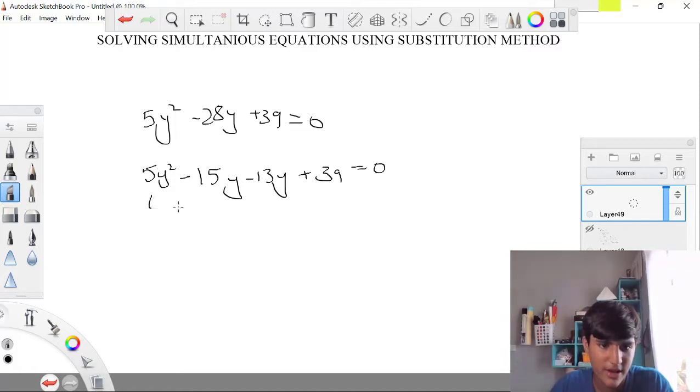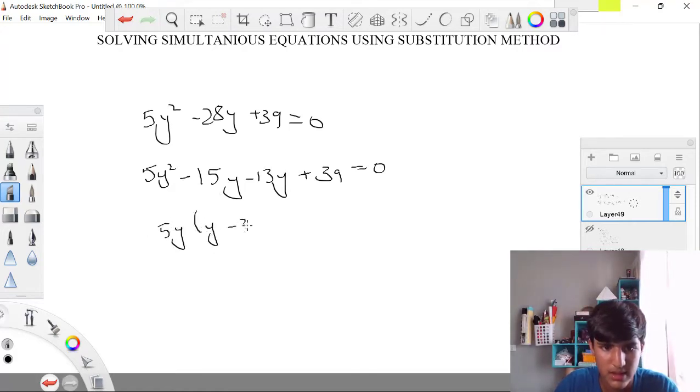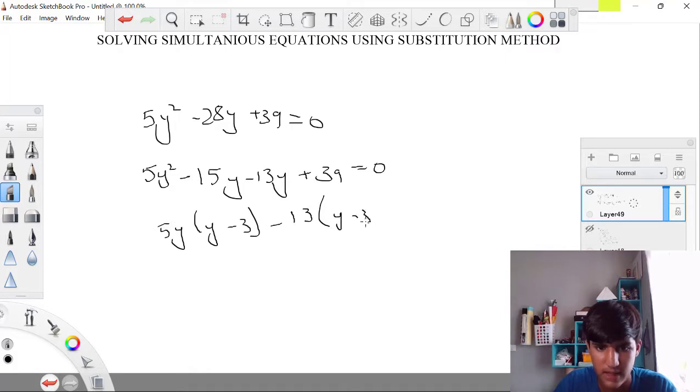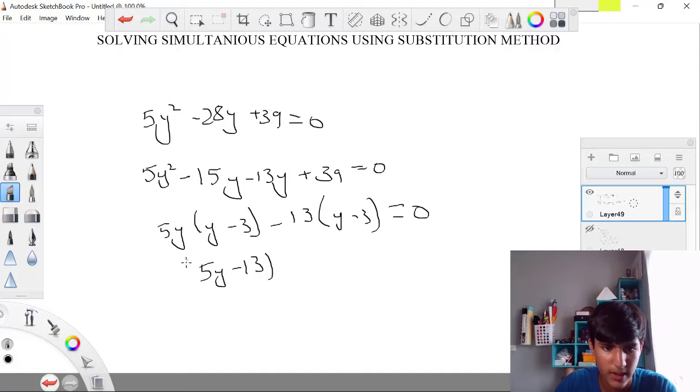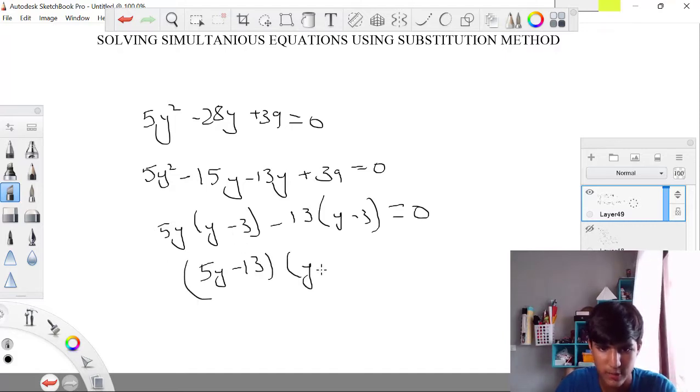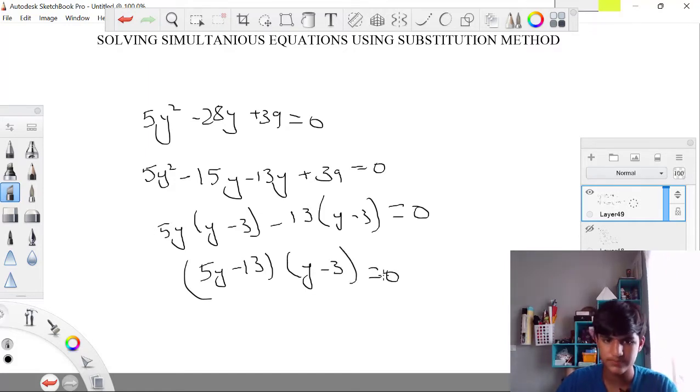We're going to take 5y common from this. So 5y, y minus 3 and minus 13, which is y minus 3, because 39 divided by 13 is 3, is equal to 0. 5y minus 13, and we're going to make these two brackets single, so y minus 3 is equal to 0.